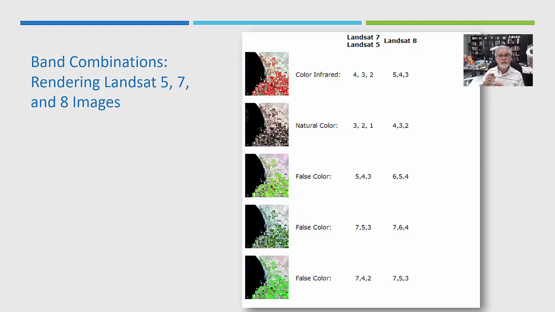And so we can combine these bands in different ways. So if we look at 432, well, 432 would be near infrared, red, green. How do I know that?